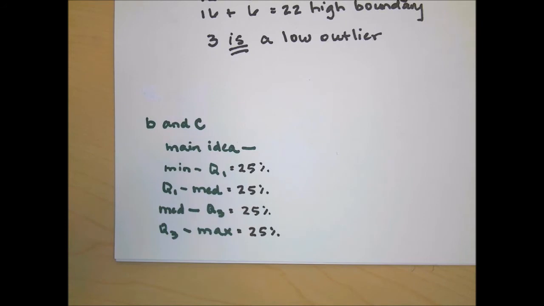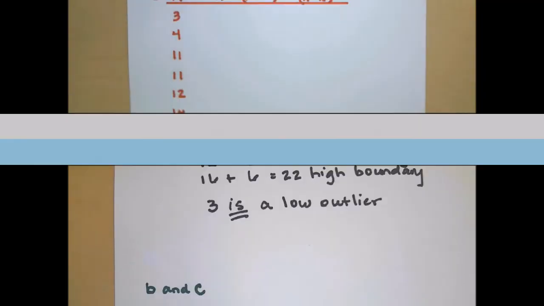But since they said n equals 22, if you divide 22 into 4, you don't get a nice even number. You get 5.5. So theoretically, the answer to B and C are 5.5. But that doesn't make sense anyway. So just giving you the main idea of B and C.